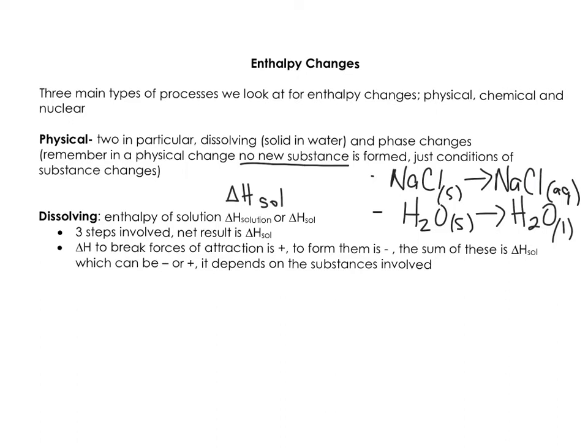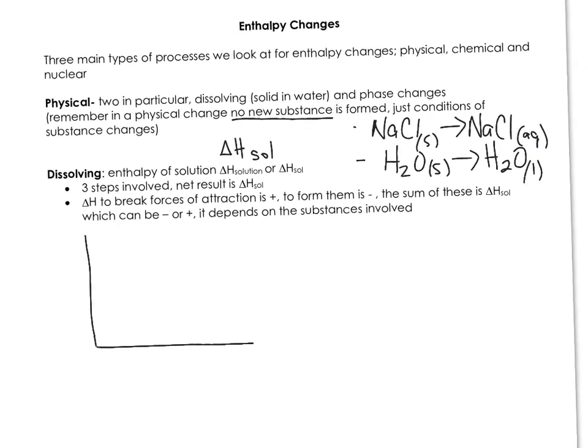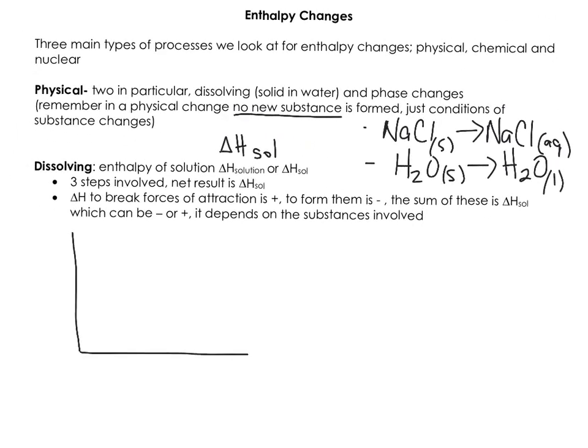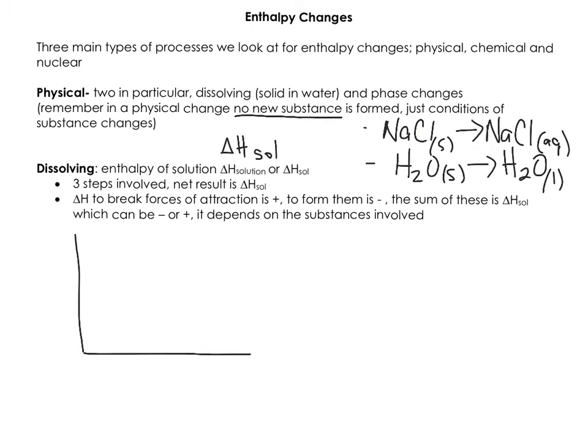I'm going to draw some potential energy diagrams. And a potential energy diagram shows how the enthalpy changed during the change, the physical change, in which case here is dissolving. So potential energy diagrams show the potential energy on the y-axis and time or reaction progress.